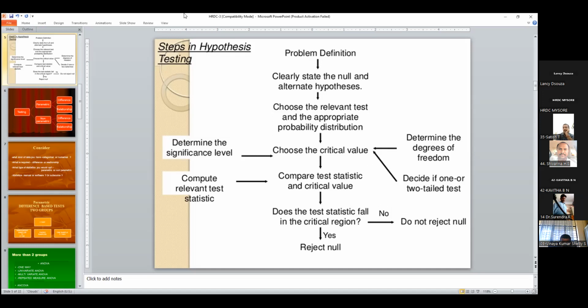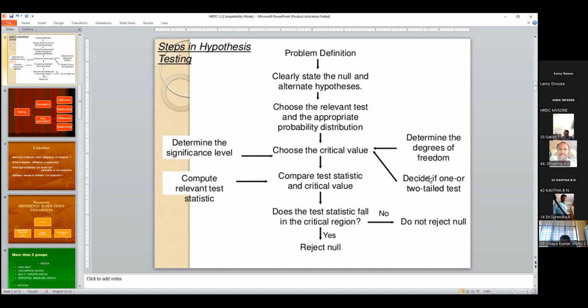Now we have chosen the critical value of 0.05 or 0.01. Accordingly, we have to determine the degrees of freedom. That is also important. Degrees of freedom is usually n-1. In some cases, it is n-2. Depending upon the test statistic, you have to calculate the degrees of freedom. And this is required to find out the critical value or the significant value, which is the minimum required, from a table.